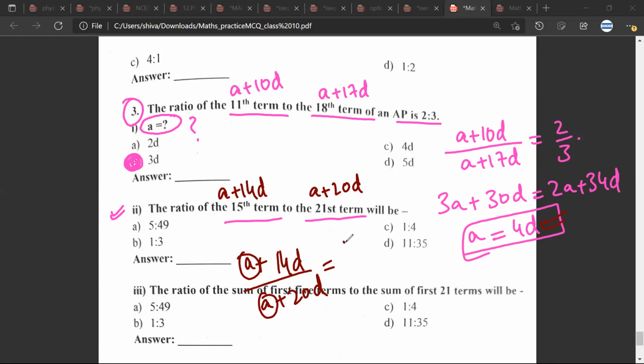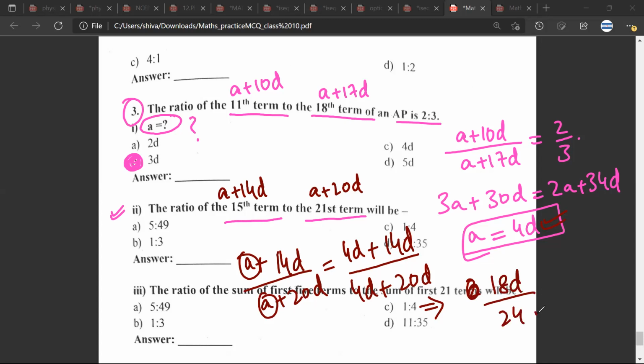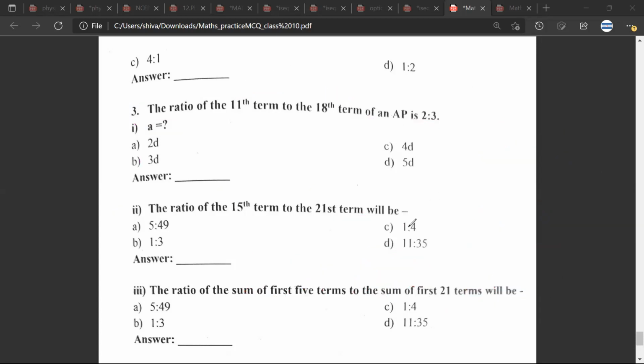Am I correct? Yes, sir. So I'll put it here. And the answer would be 18D upon 24D. What would be the final answer? So it would be 3 upon 4. So 3 by 4 is the correct answer. Am I right? Yes, sir.